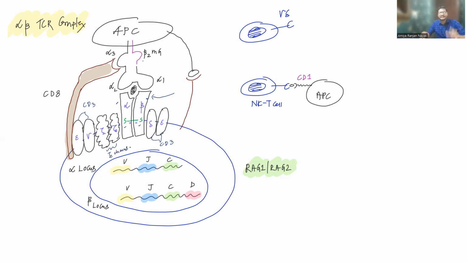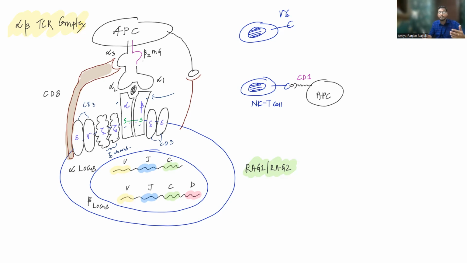So this alpha beta heterodimer along with multiple CD3 proteins and eta chains will make the alpha beta T cell receptor complex. Okay, so this is the complete T cell receptor complex.